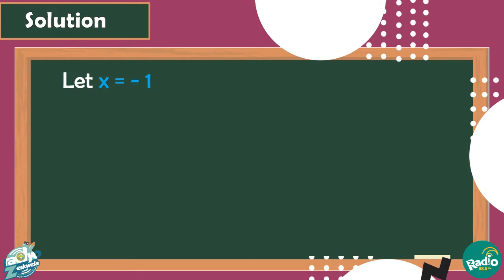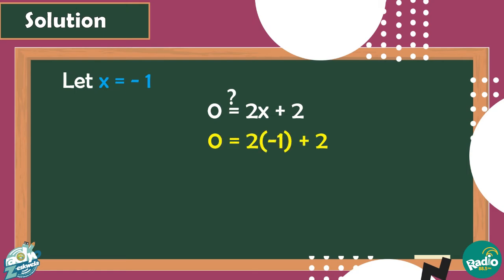Let's have another value of x, which is -1. By copying our equation, 0 = 2x + 2, and substituting the value of x, the equation becomes 0 = 2 times -1 + 2.